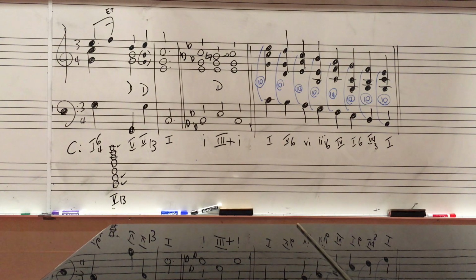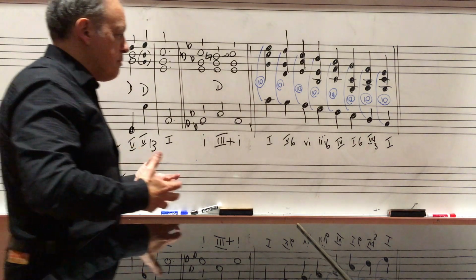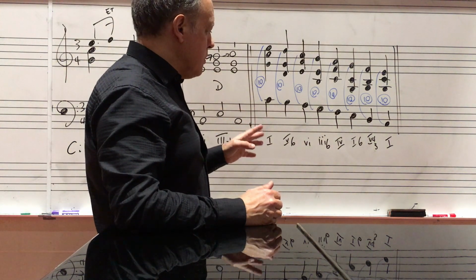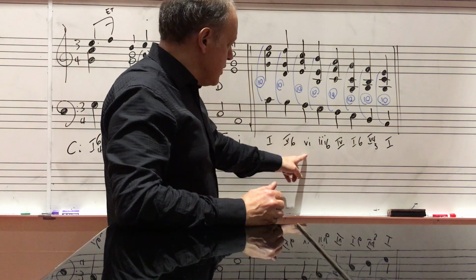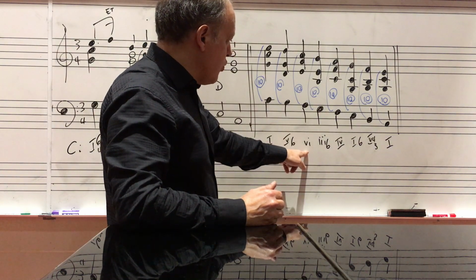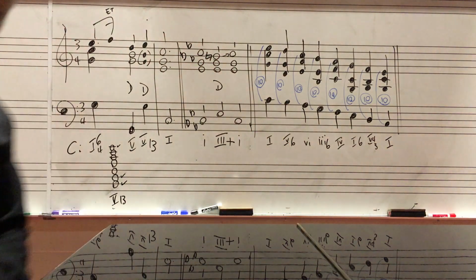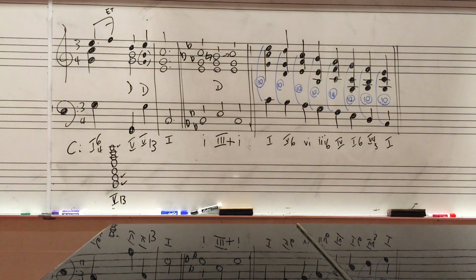But instead, I have a bit of a bait and switch. It's not technically a deceptive cadence because the voice leading plainly is not right, but I'm substituting 6 for 1, and that's creating a very lovely effect. But what it does mean is that 5/6 is not really dominant in function.